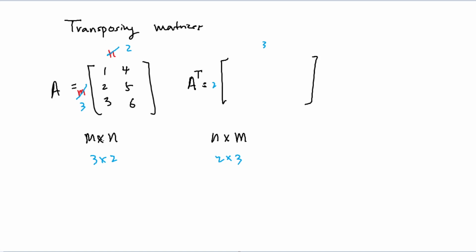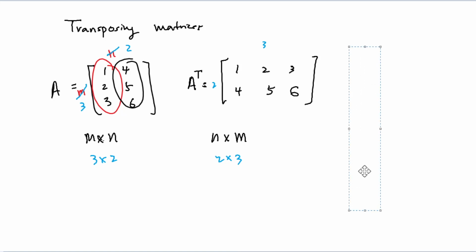There are multiple ways to do this, but one of the ways that I personally prefer is that the first row in A transposed will be equal to your first column. So the elements in your first row are 1, 2, 3, and your second column becomes your second row, 4, 5, 6. And that is simply how you would transpose a matrix.